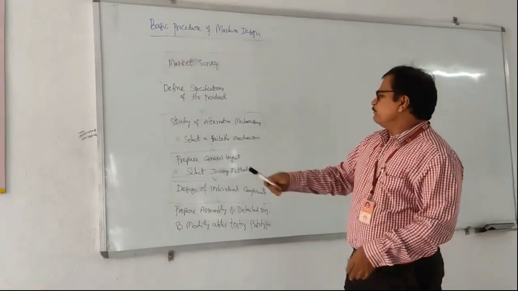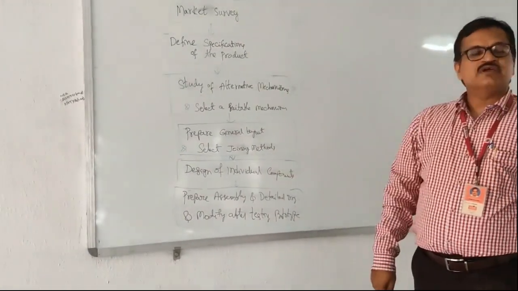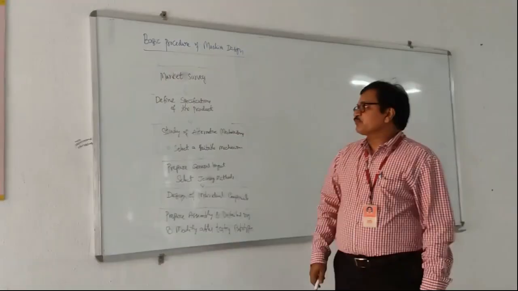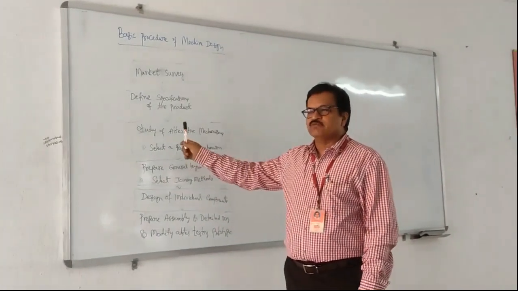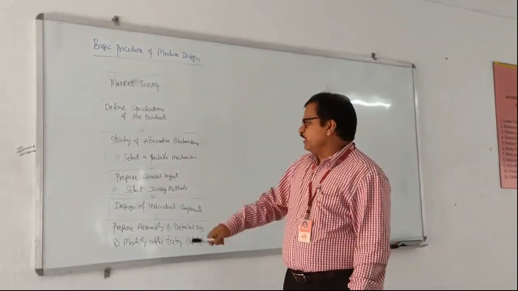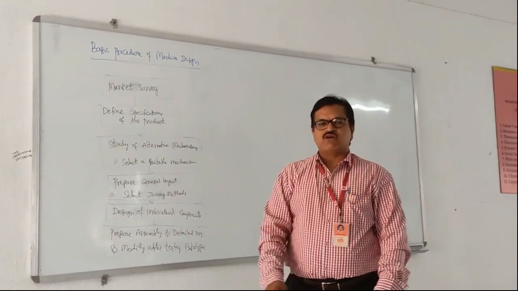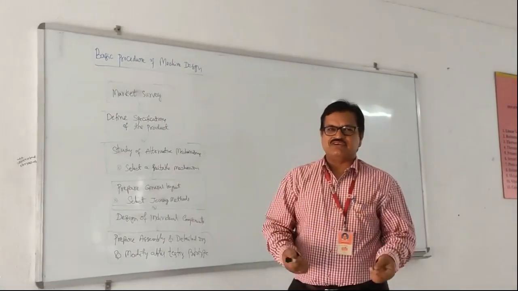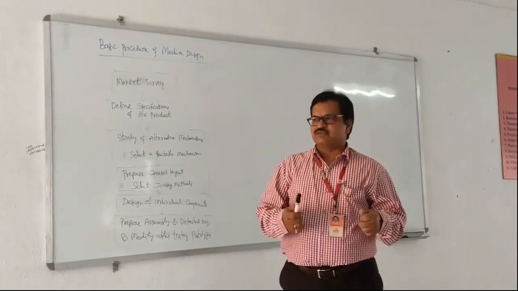Next, prepare general layout and select joining methods. General layout means after deciding our product and what mechanisms are needed in it, then we are going to prepare a layout in our factory. That factory may contain several machines like lathe machines, milling machines, CNC machines.